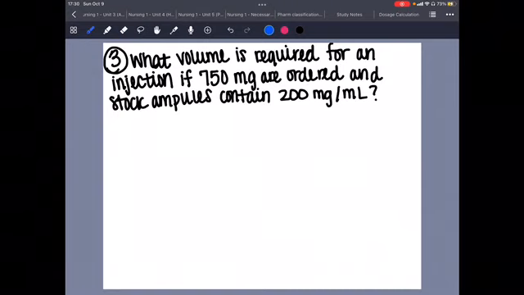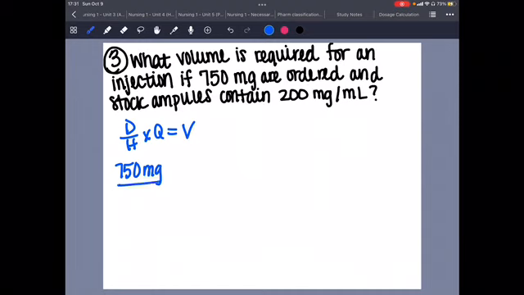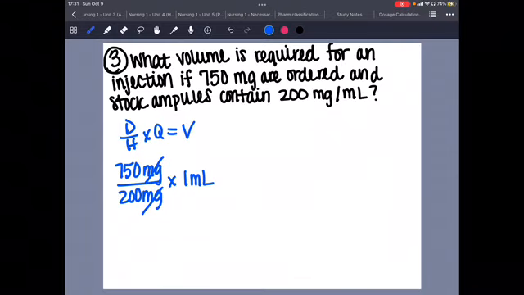Question number 3. What is the volume required for an injection of 750 milligrams ordered in the stock ampoules containing 200 milligrams per ml? So I'm going to go desired over have again. Just going to keep rocking and rolling here. So I'm going to do that 750 milligrams over that 200, multiply that by 1 ml, cancel those out.